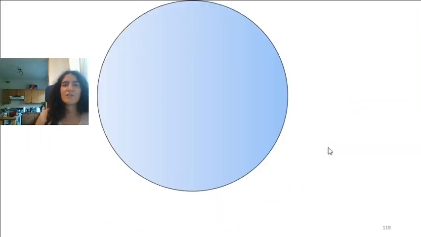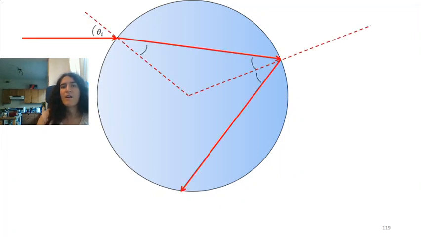Okay, so now let's do a circular prism or a raindrop, right? I'm going to start off with light coming in over here on top, and then I'm going to have bending towards the normal, and then I'm going to reflect off of the back of this raindrop, right?